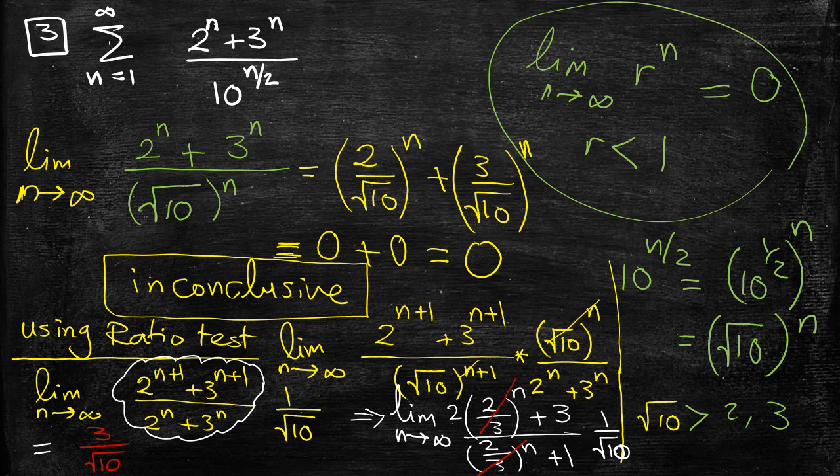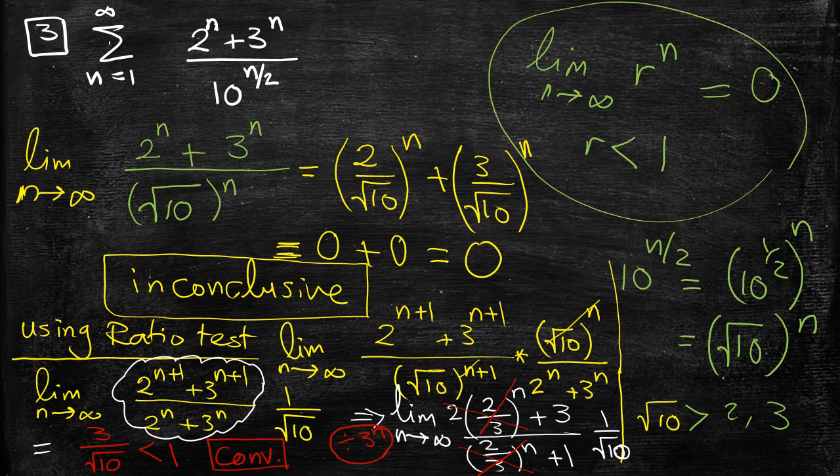So this fraction will be less than 1. So my series here will be convergent. So this whole term 0, this whole term 0 will end up just 3 over 1. What we did, we just divided both terms by 3 power n, numerator and denominator, both sides, sorry.